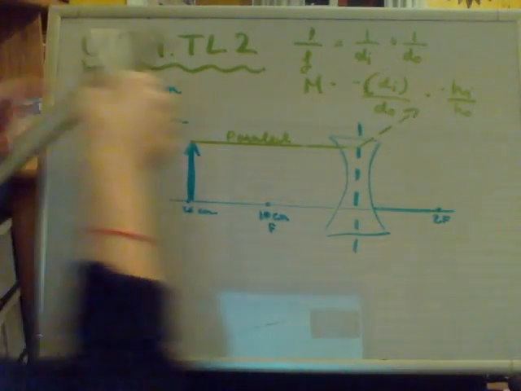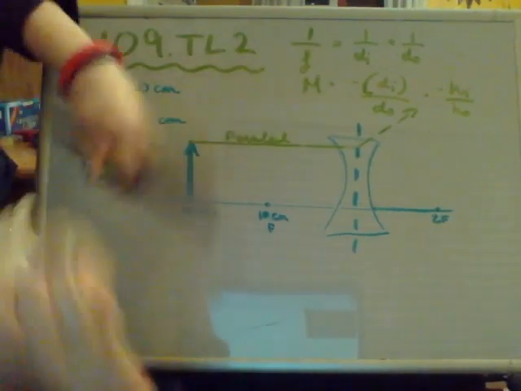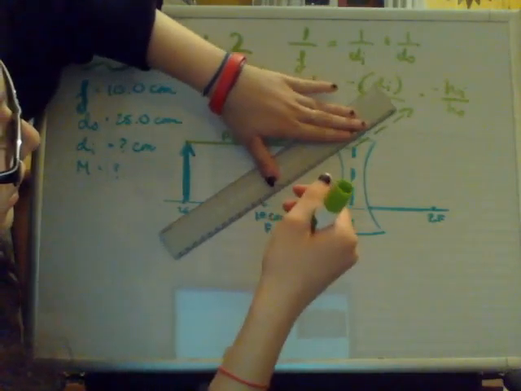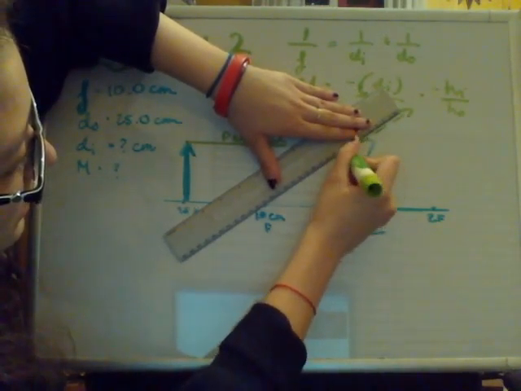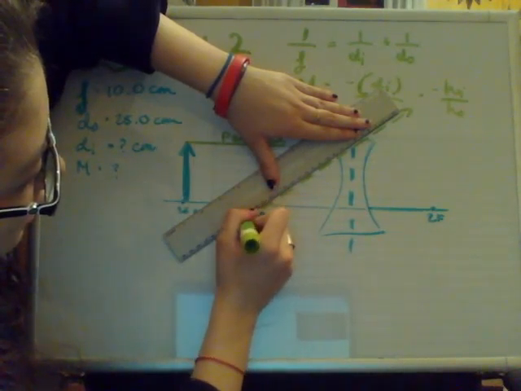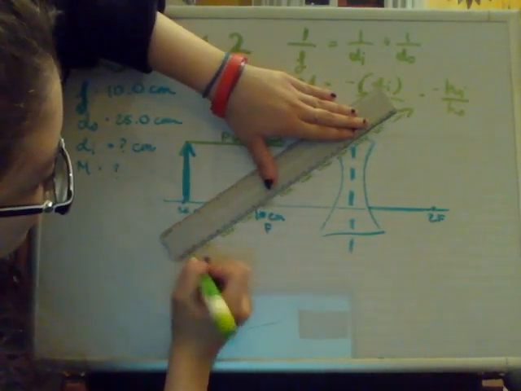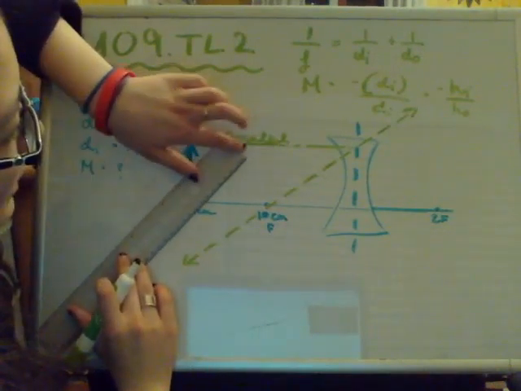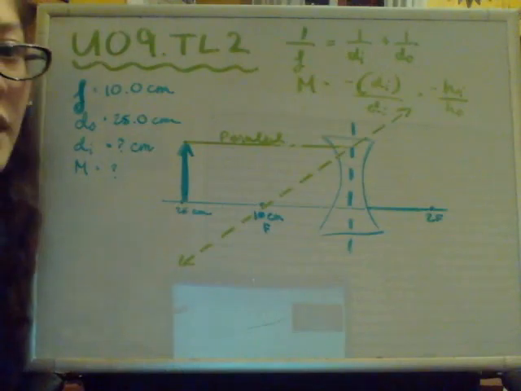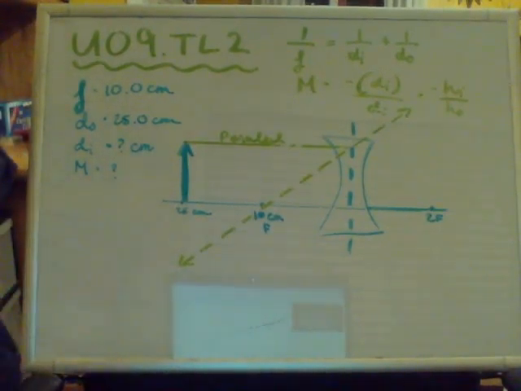Oh, wait, my bad. Actually, the whole thing is supposed to go like this. That looks a lot better. So it's going to look like that. Oh, sorry, smudged right there.